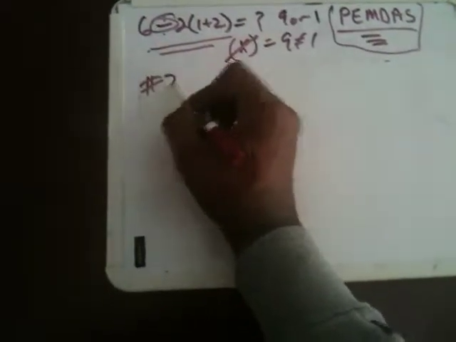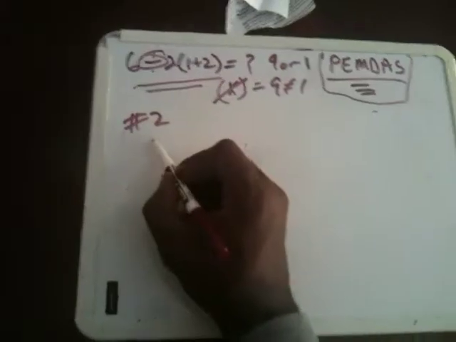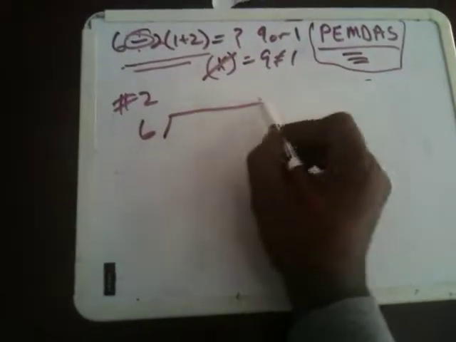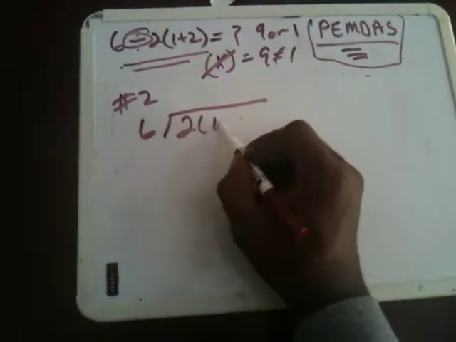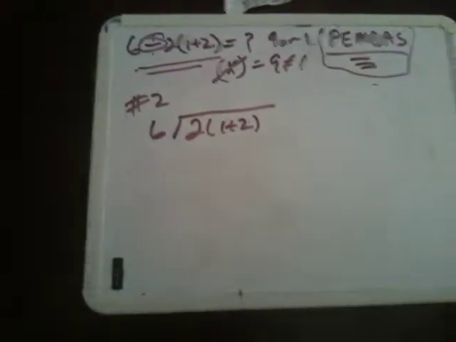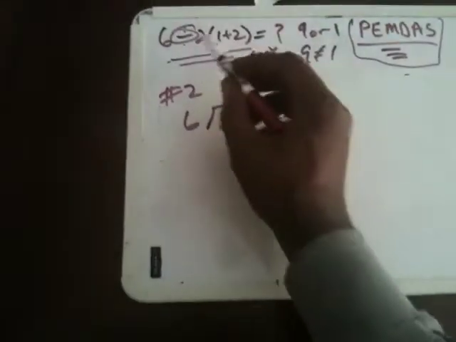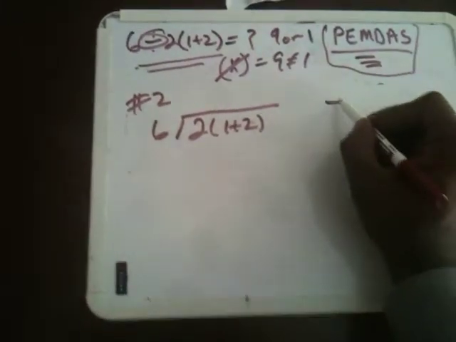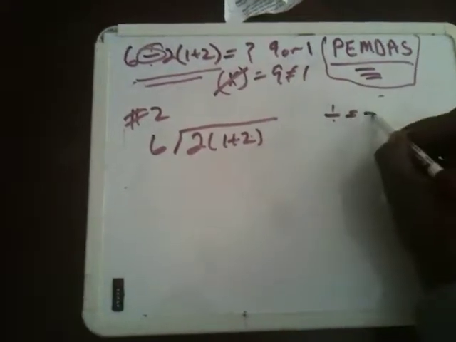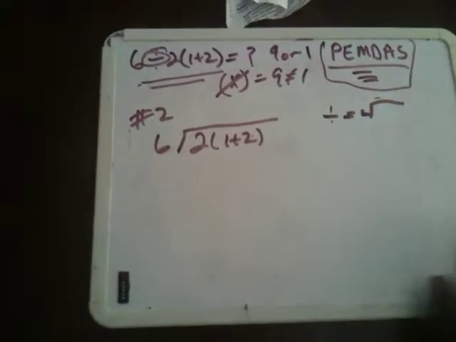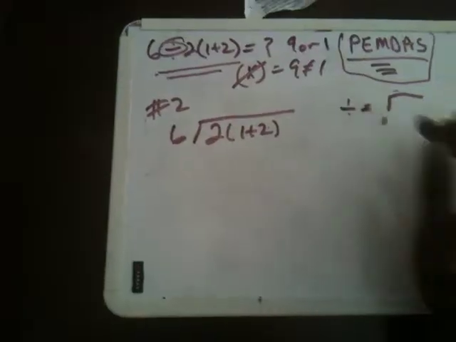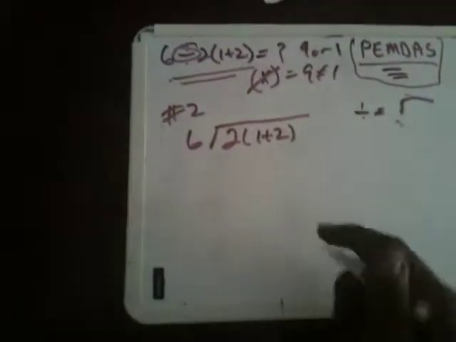And this is a real simple problem. Here, I'll say option number 2. 6 divided by 2, 1 plus 2. It's the exact same problem, except now I'm replacing the divide sign with the old division bracket that we used to see way back when in elementary school.